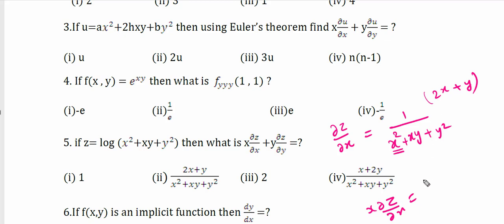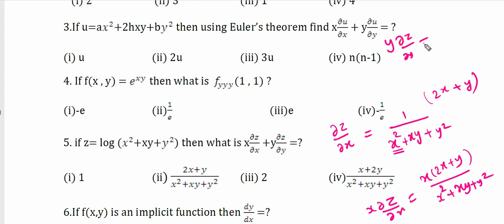When you multiply with x, we get x into (2x plus y) divided by x square plus xy plus y square. In the same way, for y dou z by dou y, just replace x by y: y into (2y plus x) divided by x square plus xy plus y square.